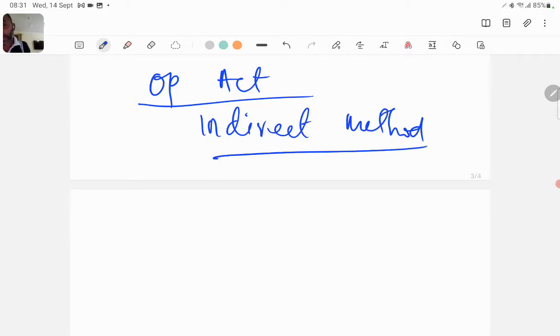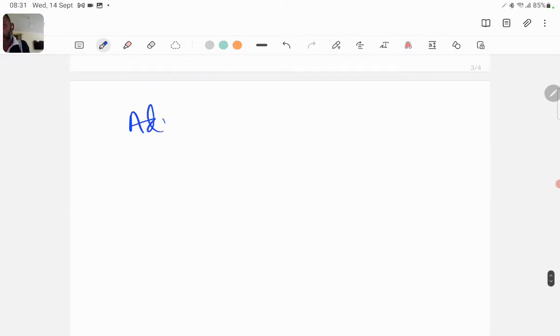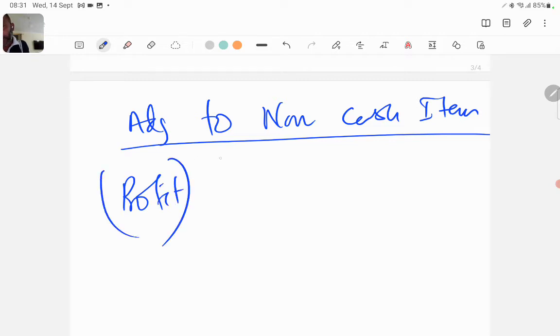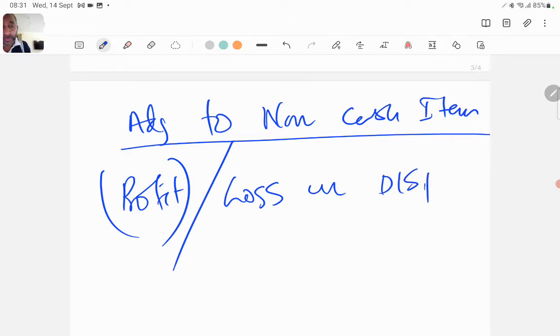Under the indirect method, as an adjustment to non-cash items, you would record profit (I will write it in brackets) or loss on disposal of non-current asset.